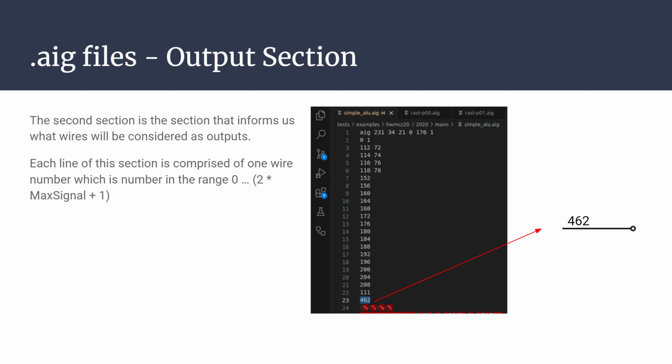Previously, this was used as basically what you want to verify. These were considered bad wires, meaning wires that you would never want on, and that would be the problem that you're trying to prove. But then they wanted to differentiate between bad and constraints, so they just added other kinds of wire definitions, bad and constraints and whatnot.